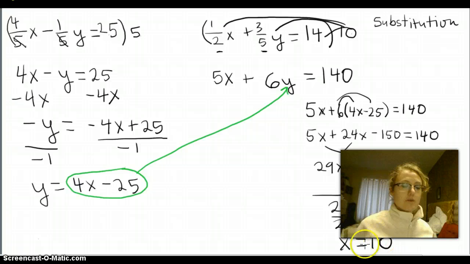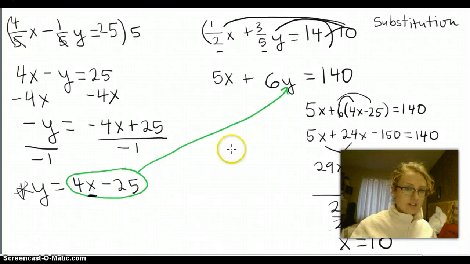Okay, so we find that x is equal to 10. Now the question is, what do we do with this 10 to get an answer for y? Well, we know that y is equal to 4x minus 25. We have this here. Y is already solved for. So once we replace x here with 10, then we'll be able to get a number answer for y. So let's do that.